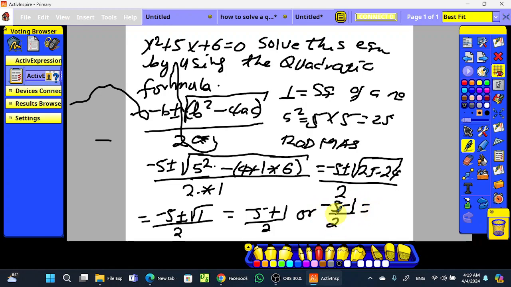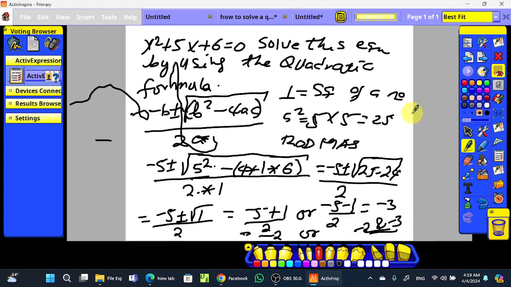Minus 5 plus 1 is minus 4 over 2, which is minus 2, or minus 5 minus 1 is minus 6 over 2, which is minus 3. So the solution set is minus 2 and minus 3. That is the same answer.